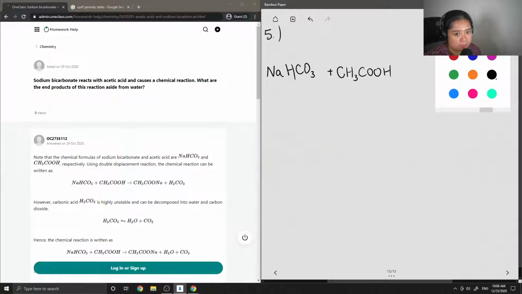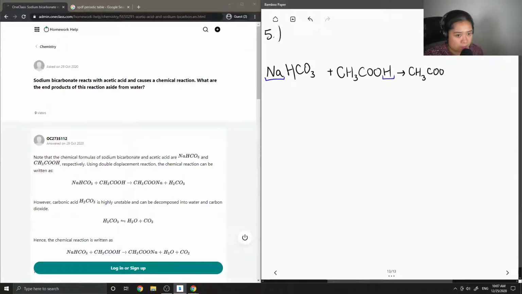And then when they react, a double displacement reaction would first occur. So pretty much the sodium switches places with the hydrogen. And then we are left with sodium acetate plus H2CO3.